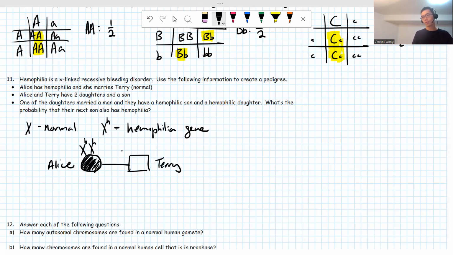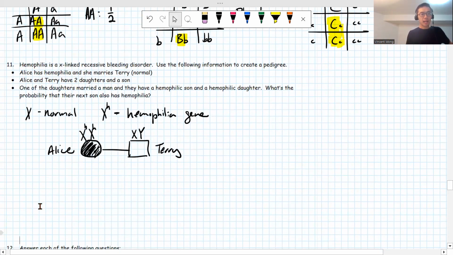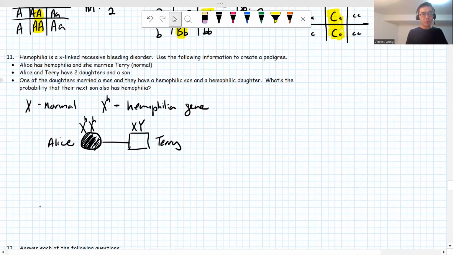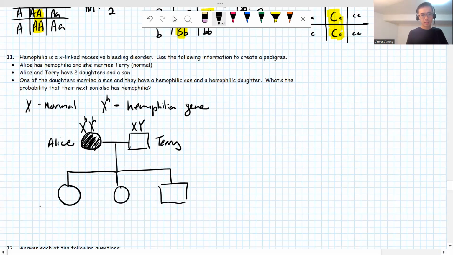Terry is normal. And for a normal male, there's only one genotype. It's XY. Alice and Terry have 2 daughters and a son. Daughter, son.